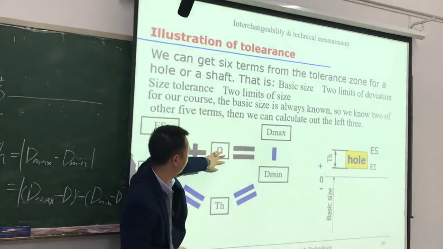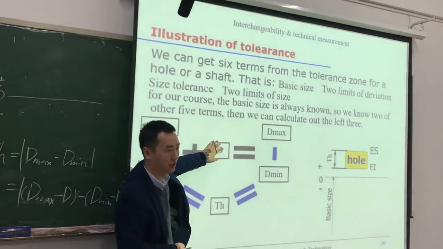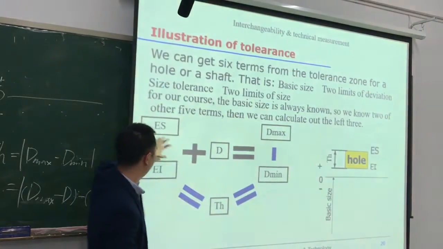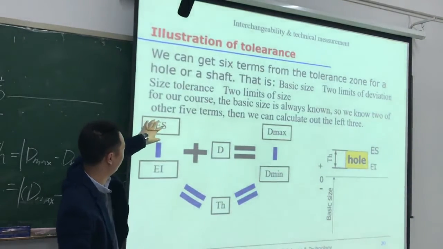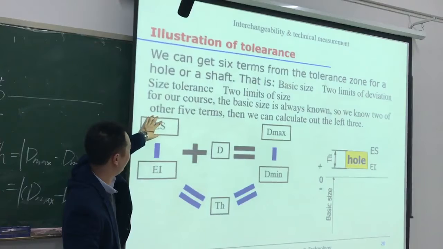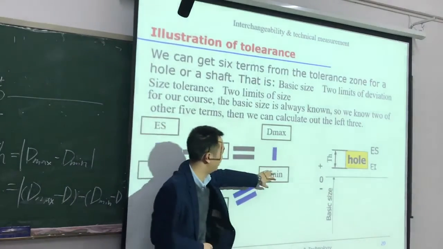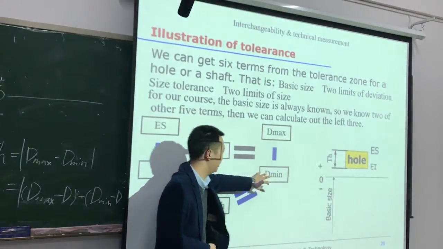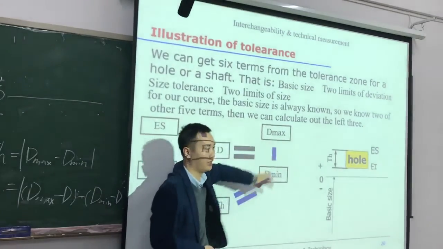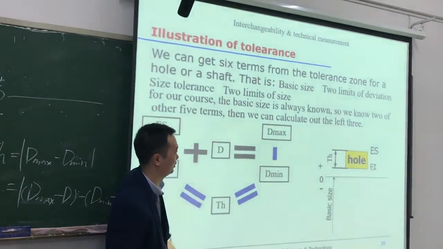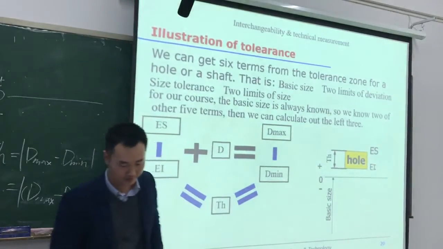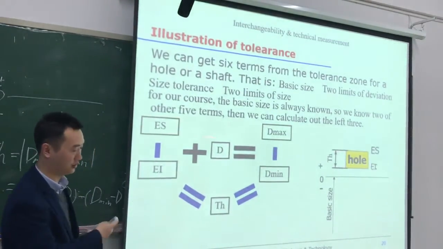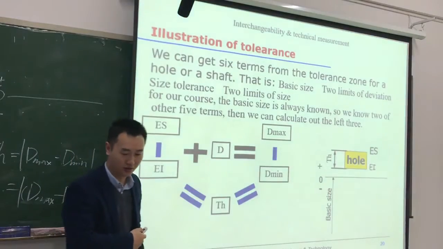First, the basic size will always be given. And if we tell you the upper deviation, and also the minimum limit, you can calculate the rest of them, right? So you need to figure out their relationship.